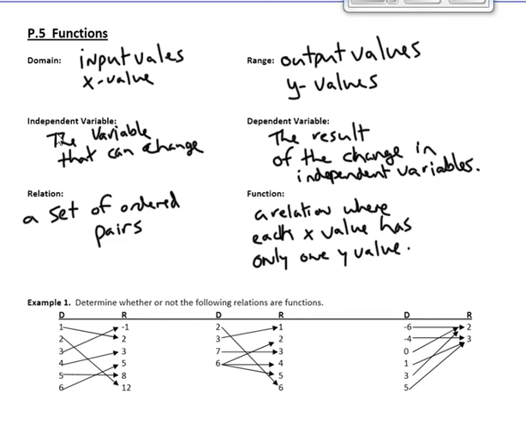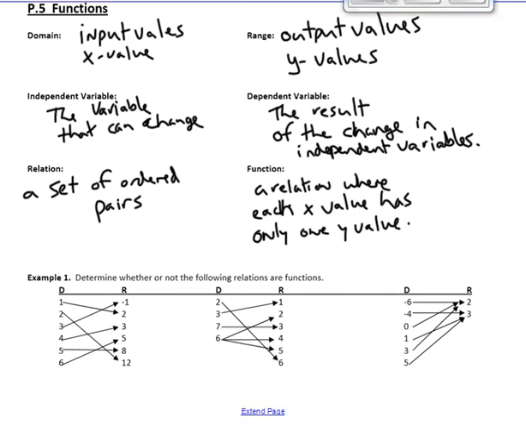And again, we can substitute words in there. Each domain has only one range. Each independent variable has only one dependent variable. There's lots of things that substitute for the same thing in this type of a problem.